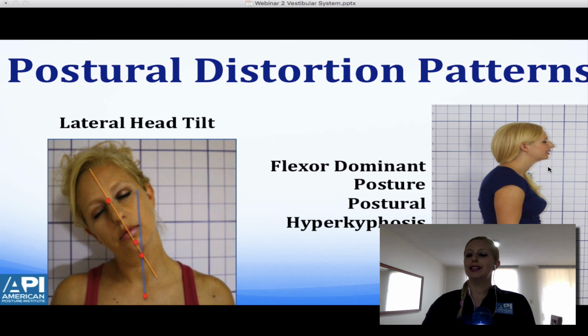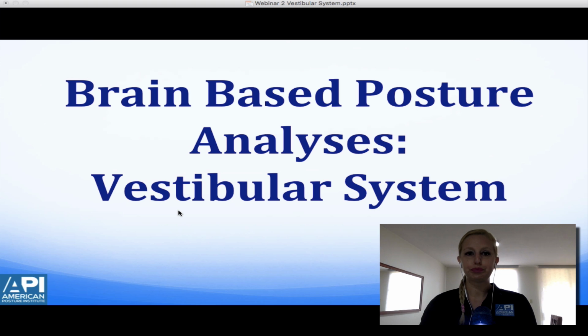You can see the C-shaped curvature of the spine, and anterior rolling of the shoulders and anterior chest flexion. With this flexor dominant position, we know there is lack of extension of the vestibular system: lack of extension ipsilateral to the side of vestibular dysfunction, and lateral head tilt ipsilateral to the side of otolithic dysfunction.